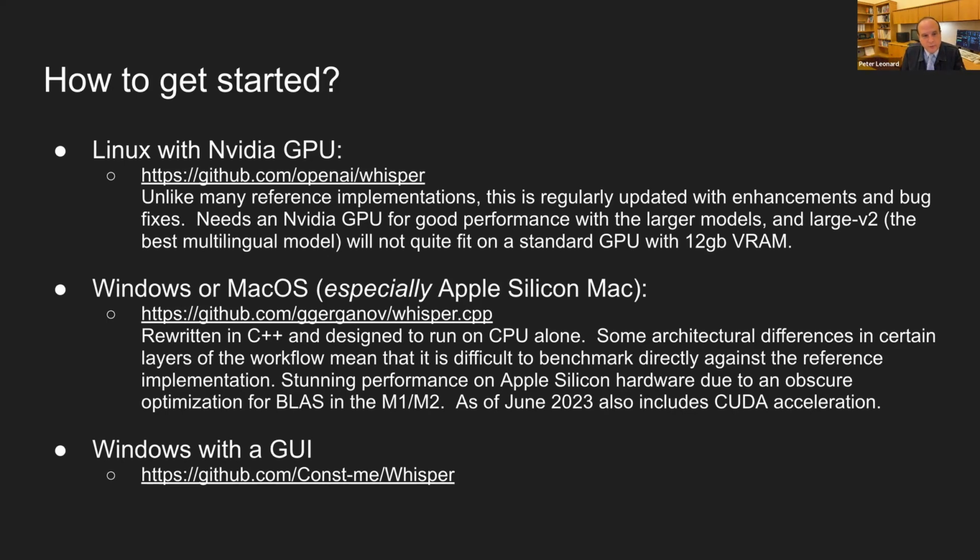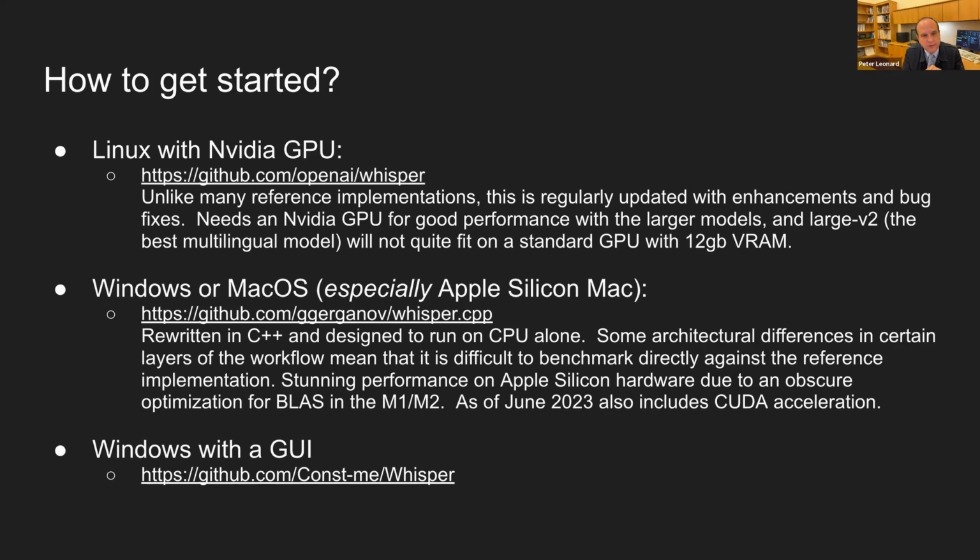A lot of folks are also excited by this independent researcher, Georgi Gerganov, who has put out something called whisper.cpp, which was written in a lower-level language and designed to run on CPU. There are two interesting things about this. It means that you can run it on a laptop with no GPU at all, and it'll still work pretty well.